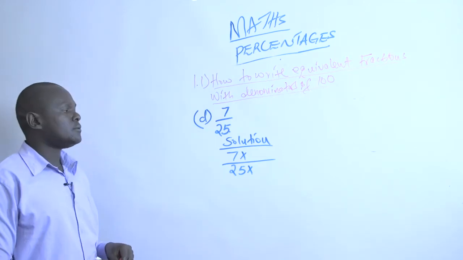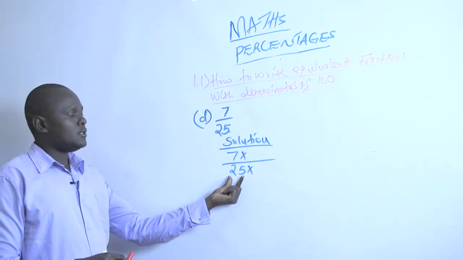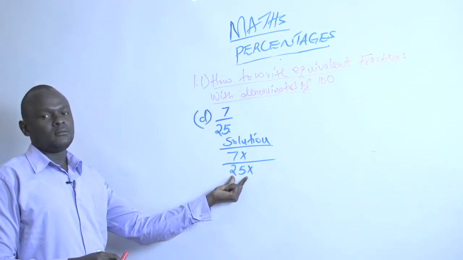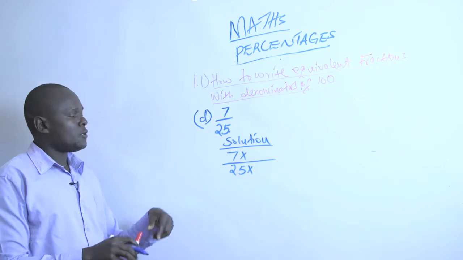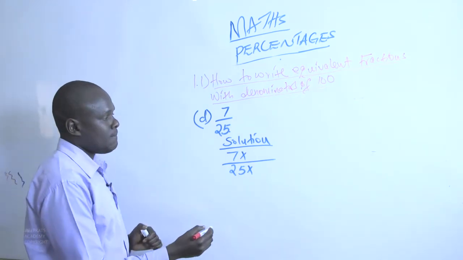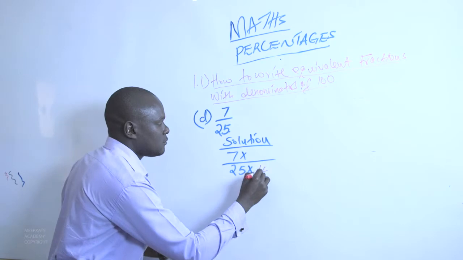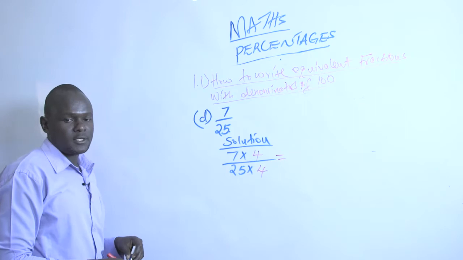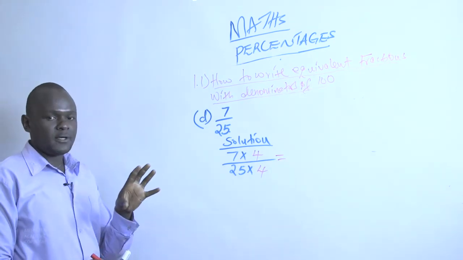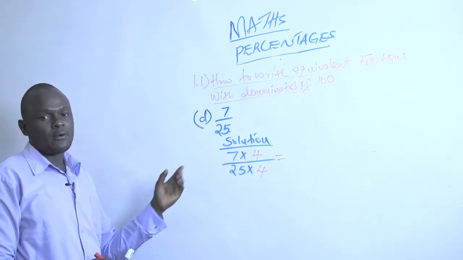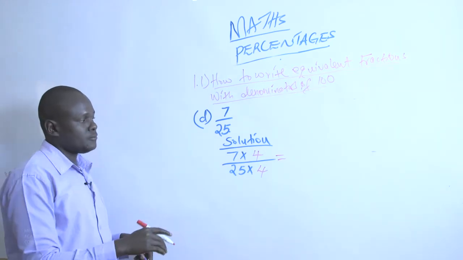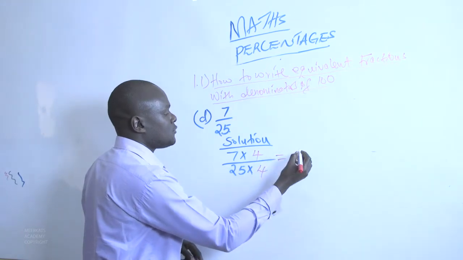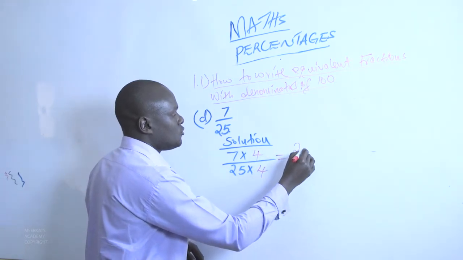We will look for a number that when you multiply it by 25, it will give us 100. And this particular number is number 4. The same number should be multiplied by the numerator so that when we simplify our equivalent fraction, we will get our initial fraction. 7 multiplied by 4 will actually give us 28.